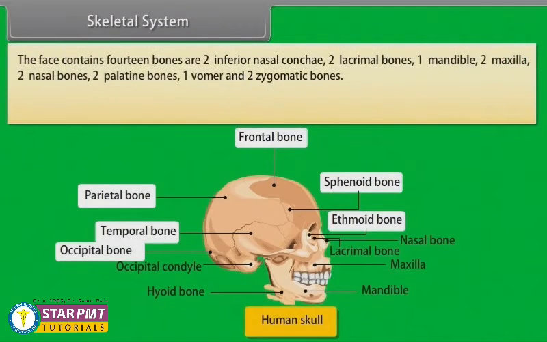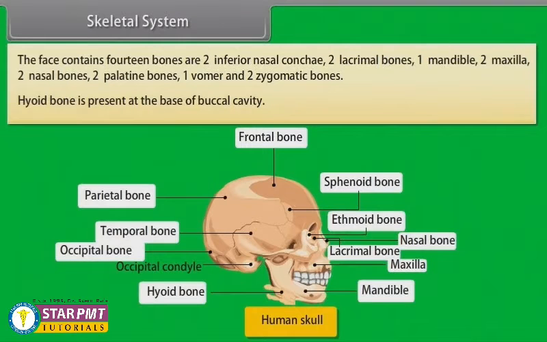The face contains 14 bones: 2 inferior nasal conchae, 2 lacrimal bones, 1 mandible, 2 maxilla, 2 nasal bones, 2 palatine bones, 1 vomer, and 2 zygomatic bones.